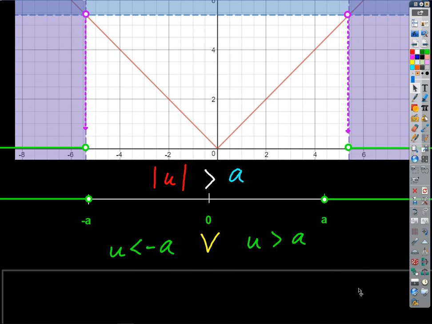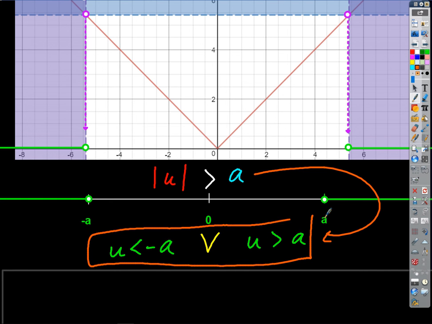So it just looks like that, doesn't it? U is less than negative a, or u is greater than positive a, every time. You can always make that trade. You start there, you end there, right? So let's try that. How about something like that?